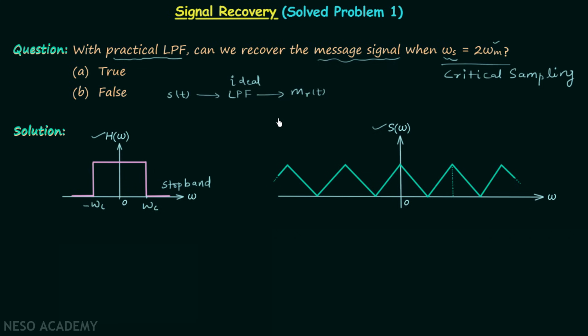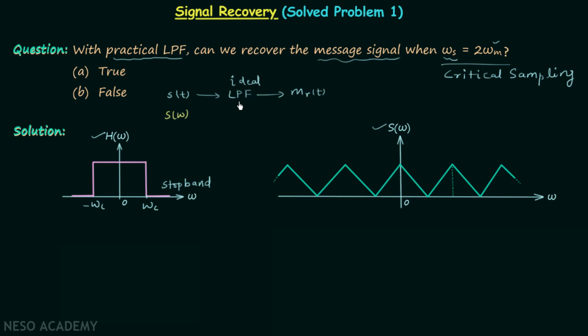There are some conditions which we have discussed in great detail in the previous lecture, and we know the Fourier transform of the input signal s(t) is S(omega), and here you can see the Fourier transform. The low-pass filter we have, which is ideal in nature, has a frequency response like this.